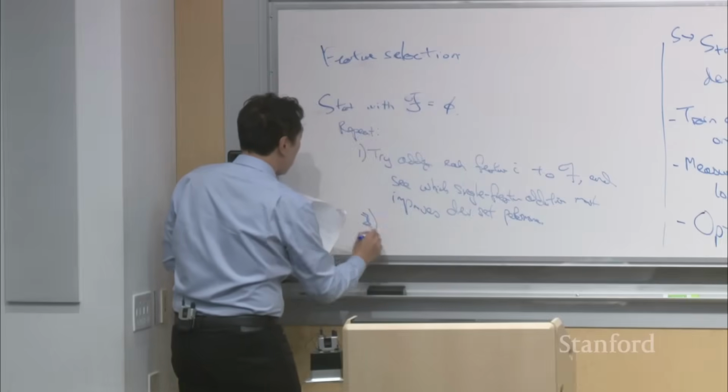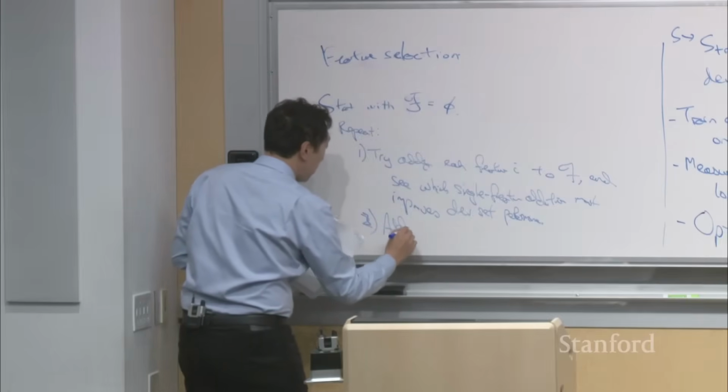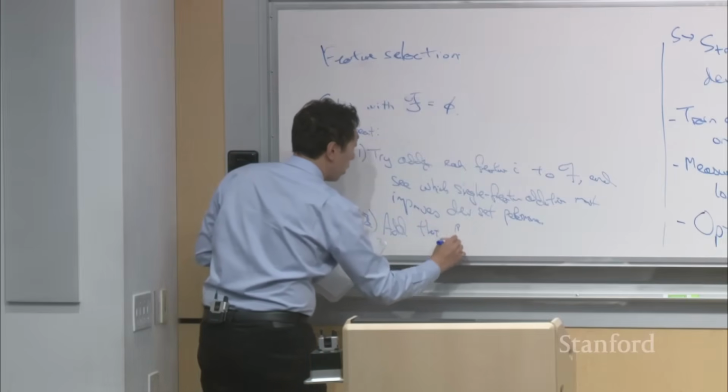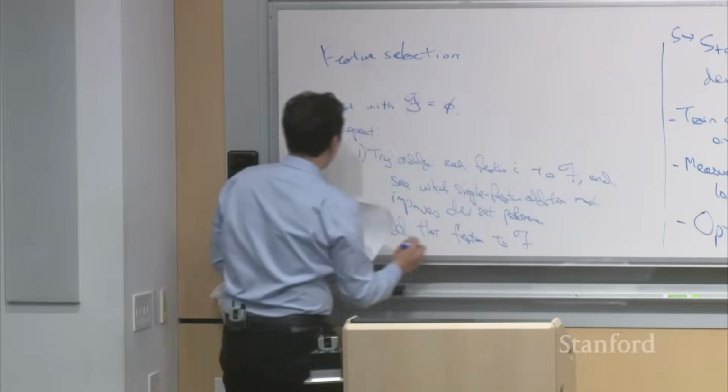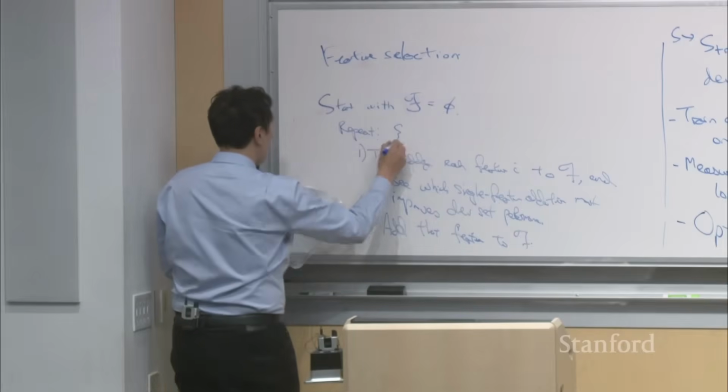Right? And then step 2 is go ahead and commit to add that feature to F.